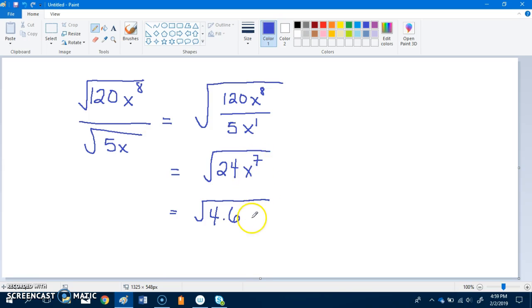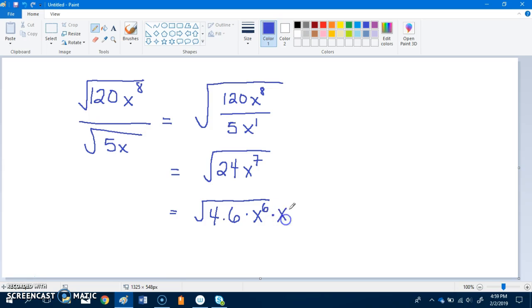We want to think of factors that we could easily get the square of, and what comes to mind for me is x to the power of 6. If we take the square root of x to the power of 6, we'll get x to the power of 3. So that's a good one.